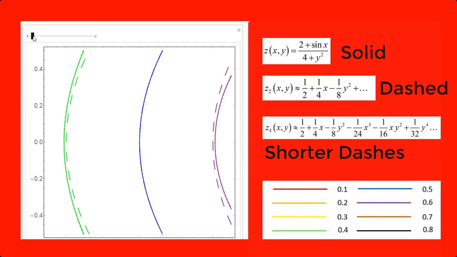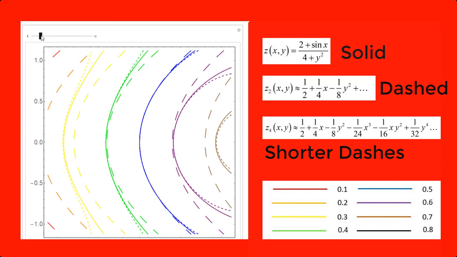But moving out slightly, we do see that yes, look at this purple one for 0.6 for example, about here the fourth order one does diverge slightly from the actual function in solid, and the same thing can be said for some of the other lines that we have here.